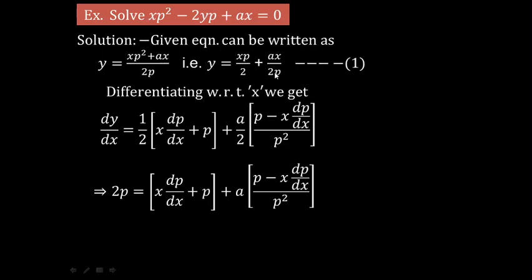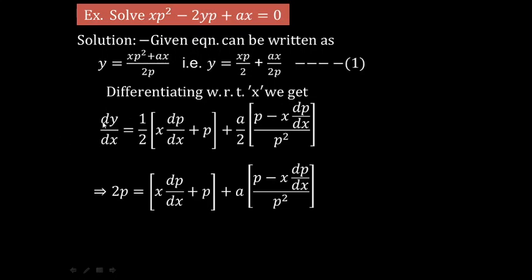According to the quotient rule we have second function into derivative of first is 1, minus first function into derivative of second function, that is dp by dx, upon square of the second function. In this way, by applying the product rule in the first term and the quotient rule in the second term, the differentiation part is complete.